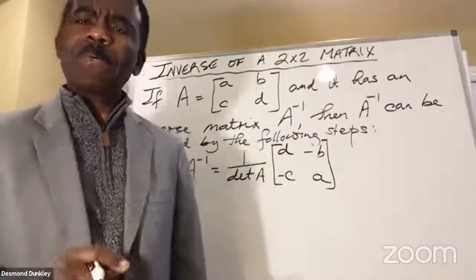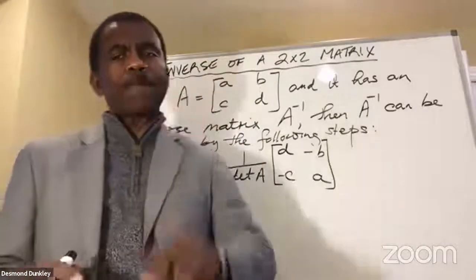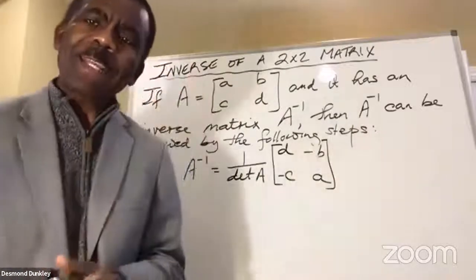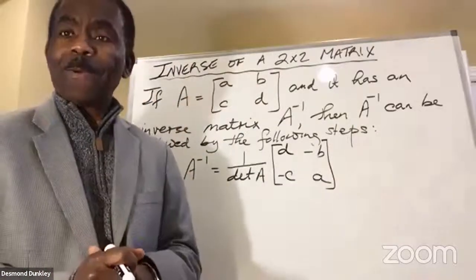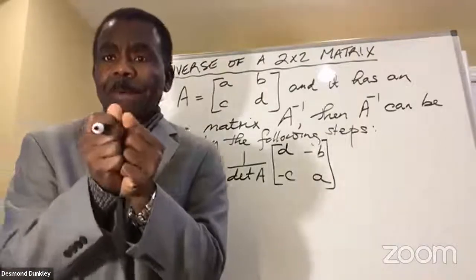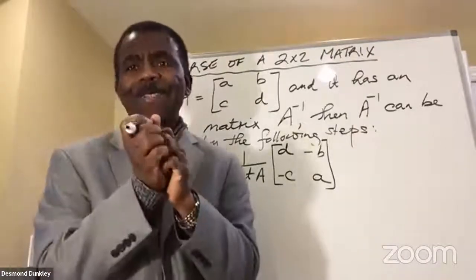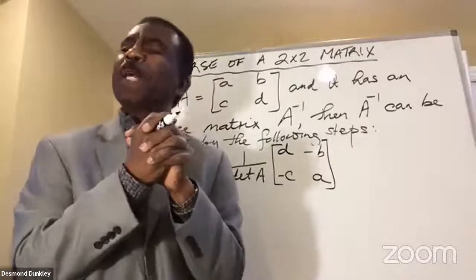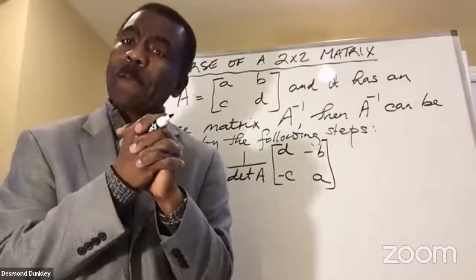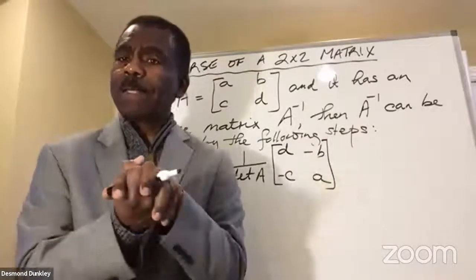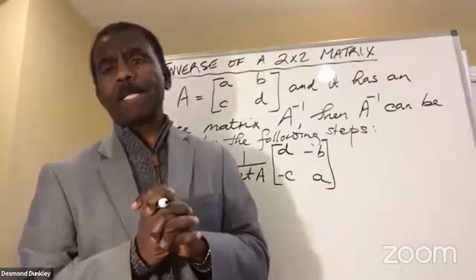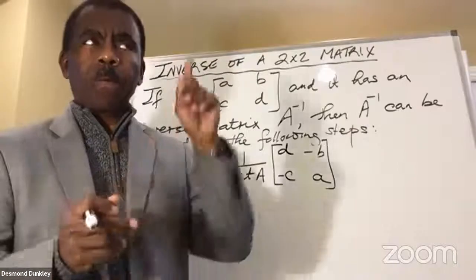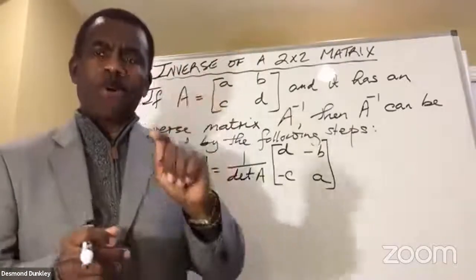And I promise you that if you follow those 2 steps, you will get the inverse of matrix A. And of course, when we get that inverse, we can test to see if it's correct. Because when you multiply the inverse by the original matrix, you should get the identity matrix, the multiplicative identity matrix, which would be, in this case, 1, 0, 0, 1.